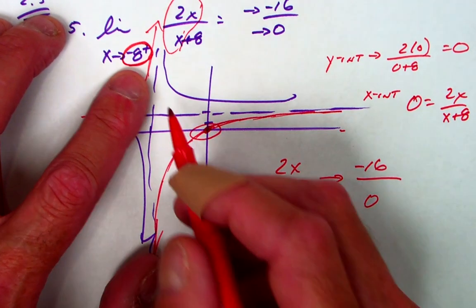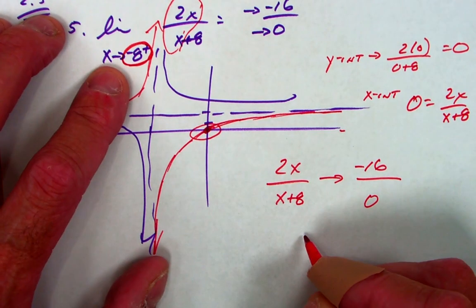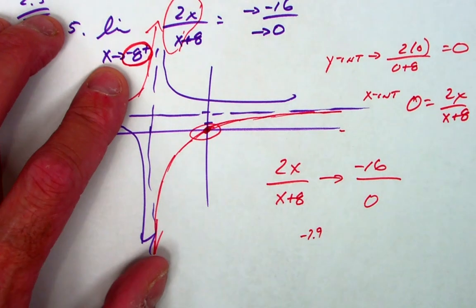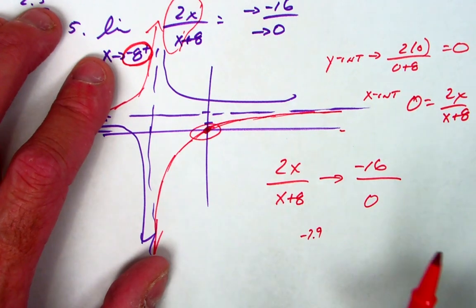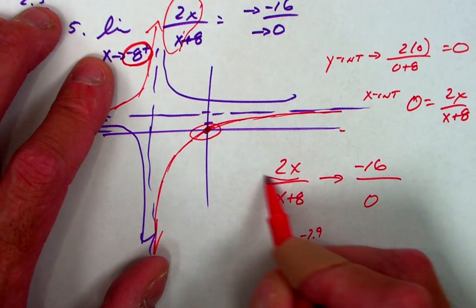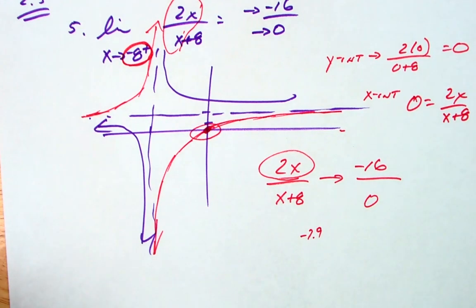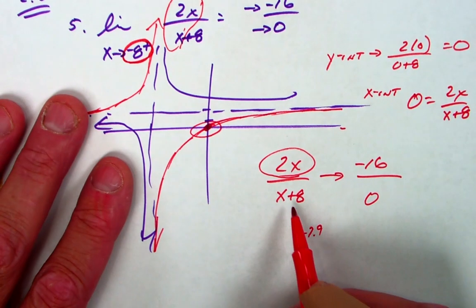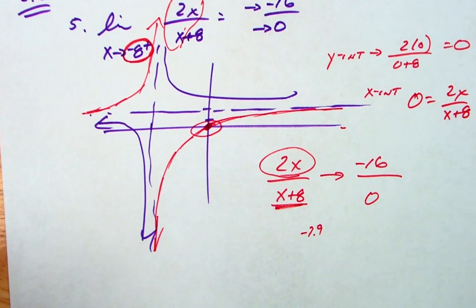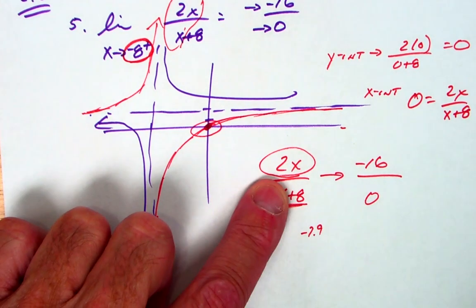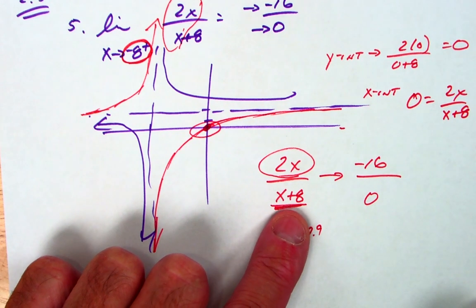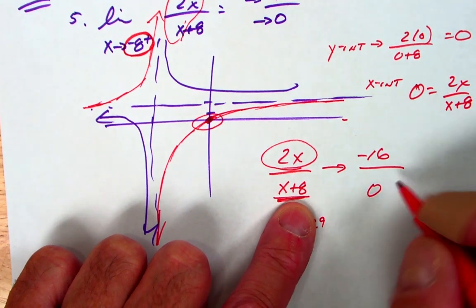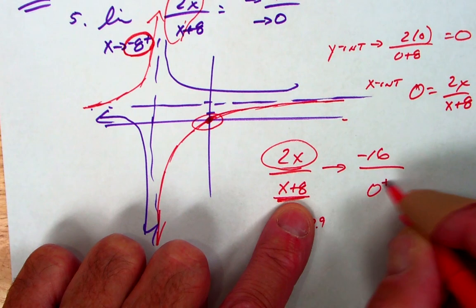Because if I'm plugging in things like negative 7.9, what's true about the bottom? It's going to be positive.